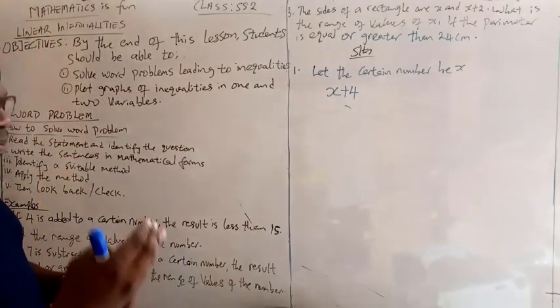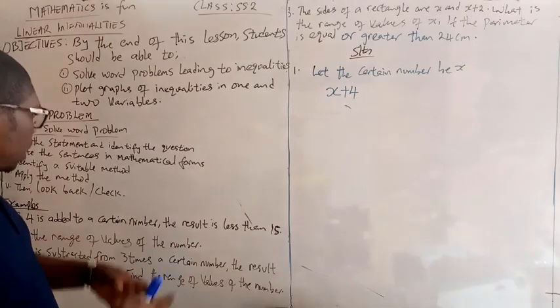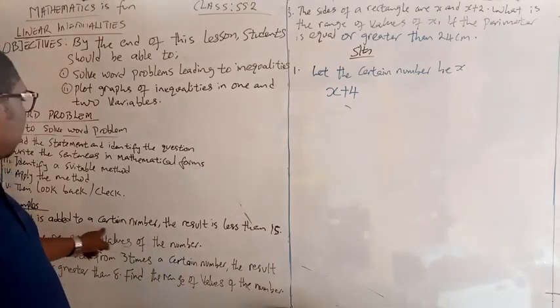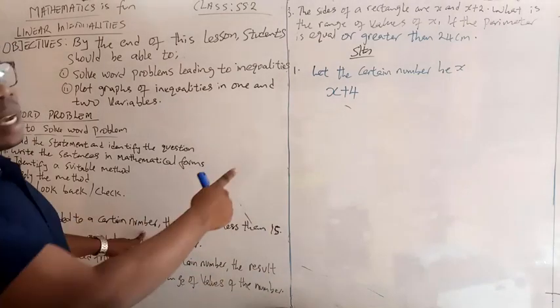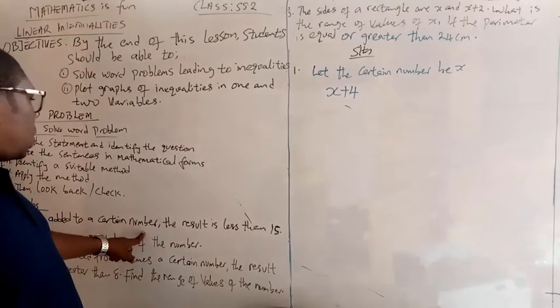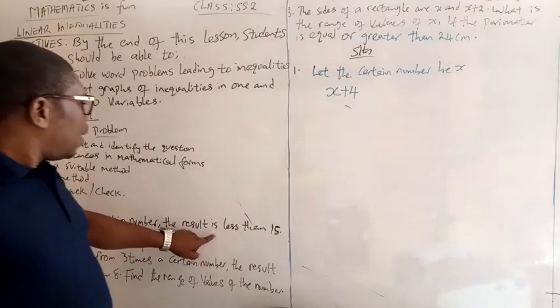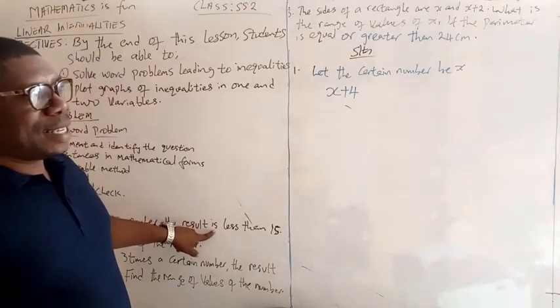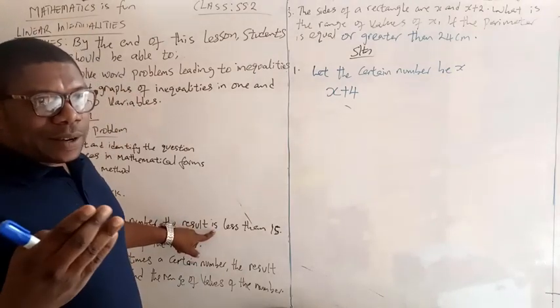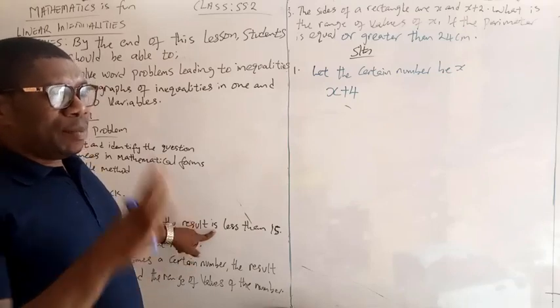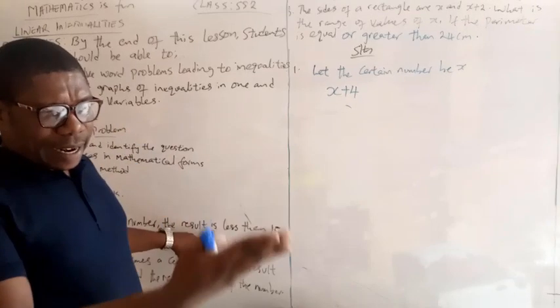I'm reading the sentences now, and I want to put them together. If 4 is added to a certain number, the certain number is x, I'm adding 4 to it. The result is, now, when the statement says is, it means that we have a left-hand side and a right-hand side.